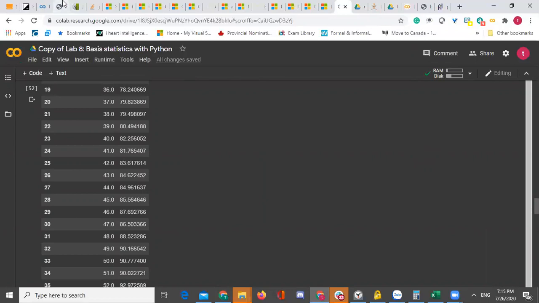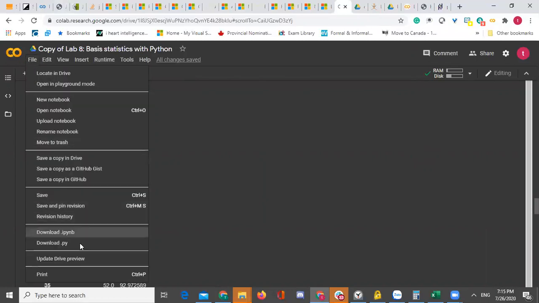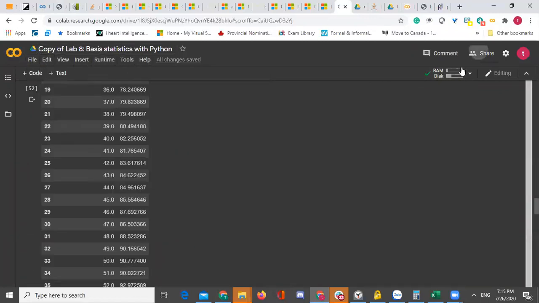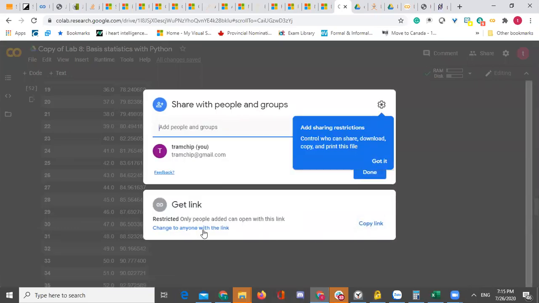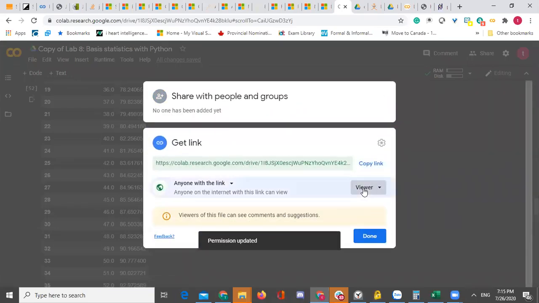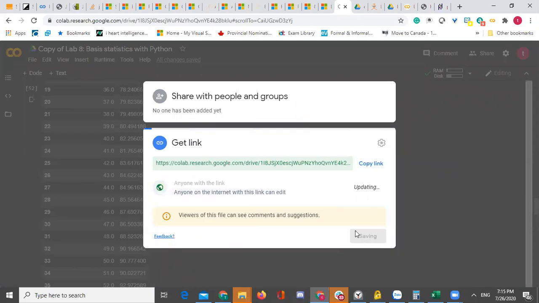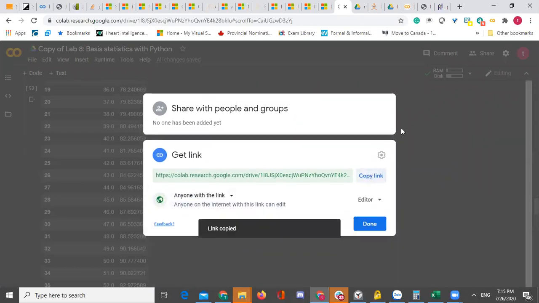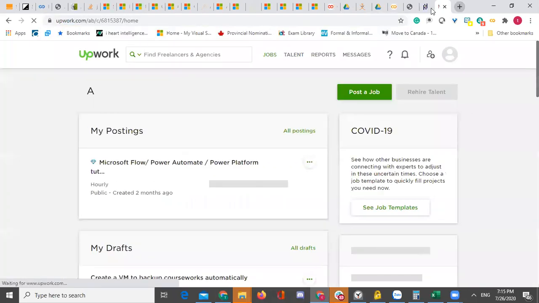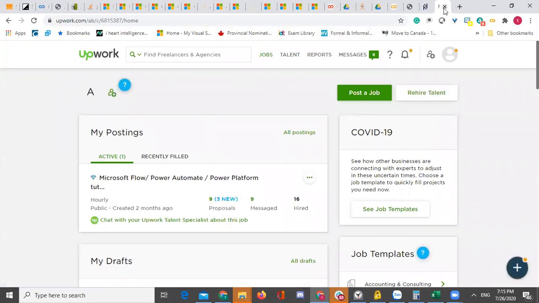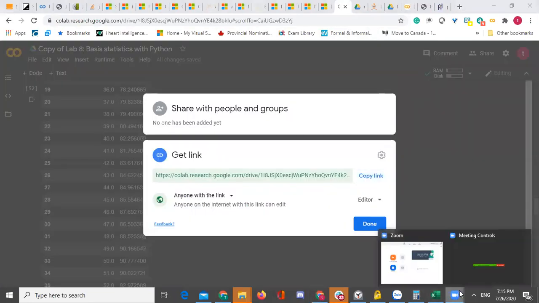Oh, actually, I can share this notebook with you, so you can look at it. How do I share this? Okay. Oh, maybe I should just write here.